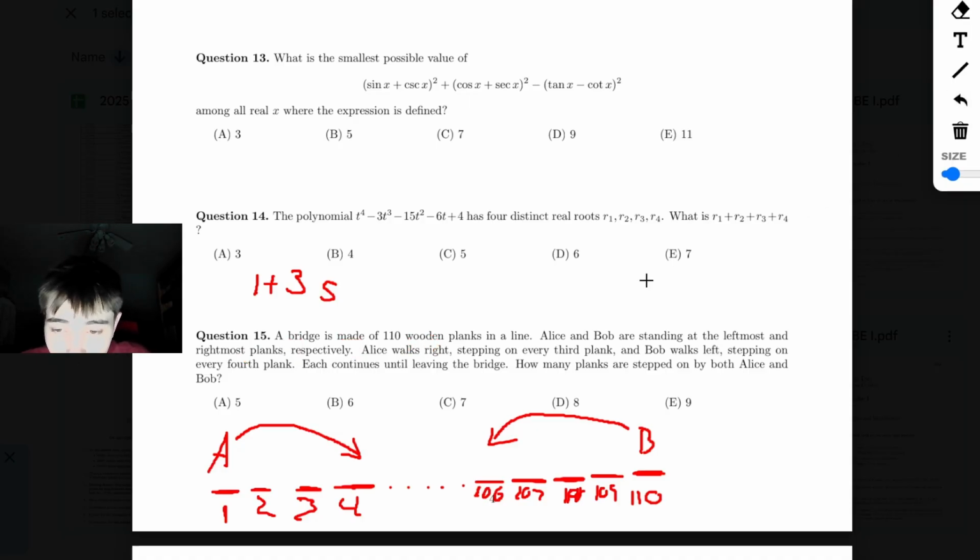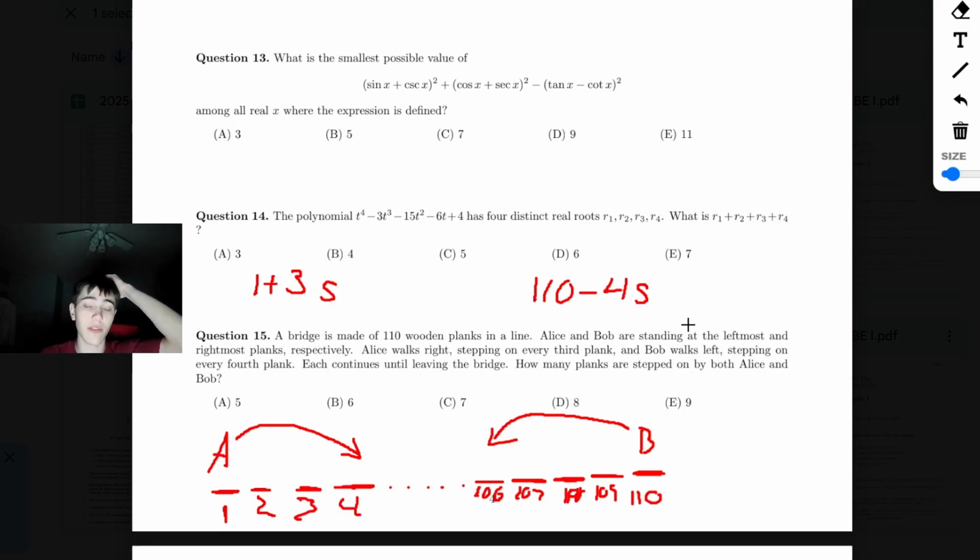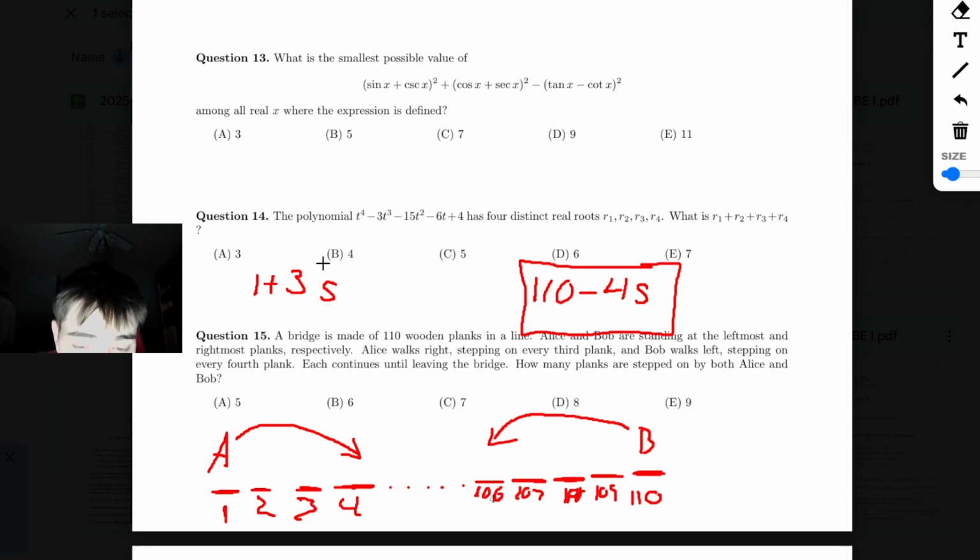Okay. And then Bob is stepping 4 to the left every time, right? He starts at 110, and then we subtract 4 from the plank that he's on for every step that he takes. So all of his planks will be in the form 110 minus 4s. So if Alice steps on every plank like this, and Bob steps on every plank like this, we need to find how many they both step on simultaneously.